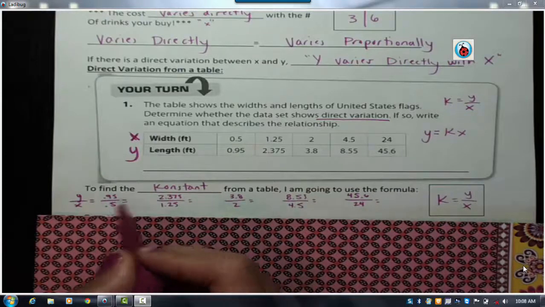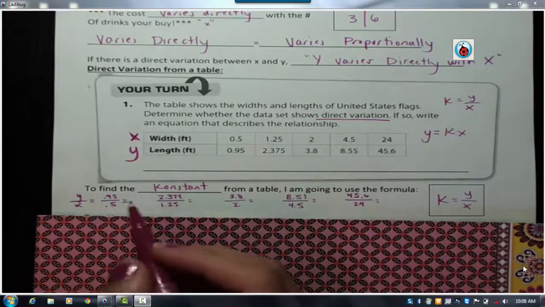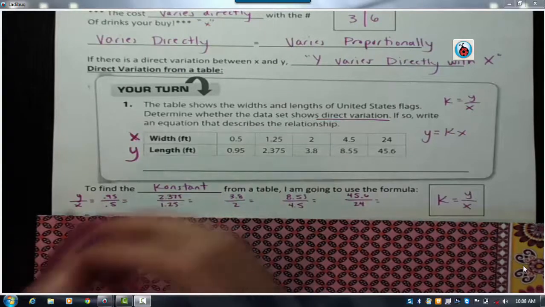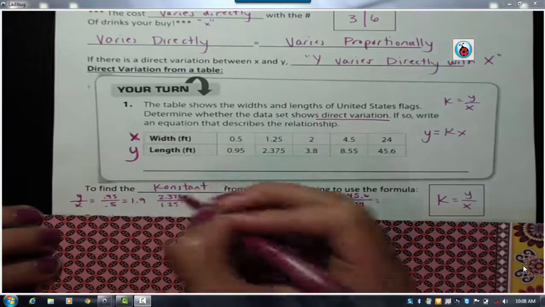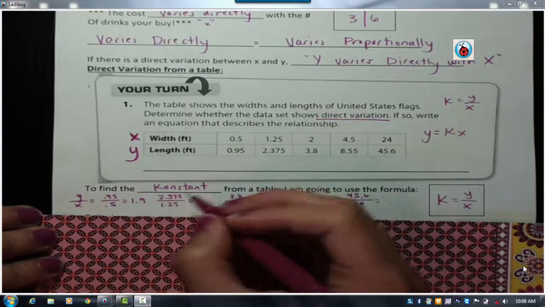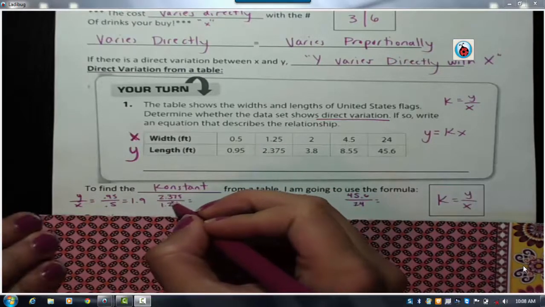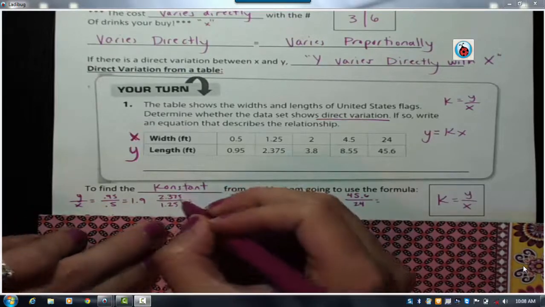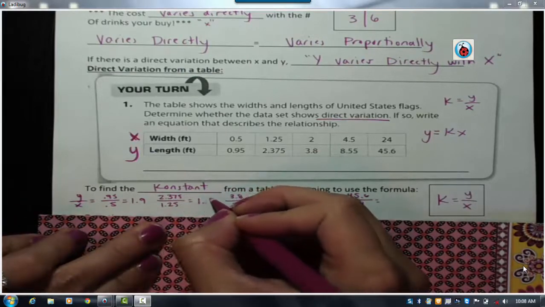For each point, I need to figure out what the constant is. So for 0.95 or 95 hundredths over 5/10, the constant ends up being 1.9. The next one, 2 and 375 thousandths over 1 and 25 hundredths is going to be 1.9.